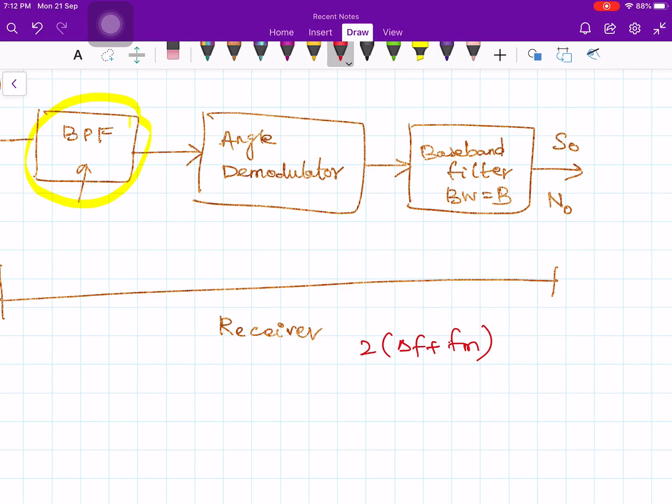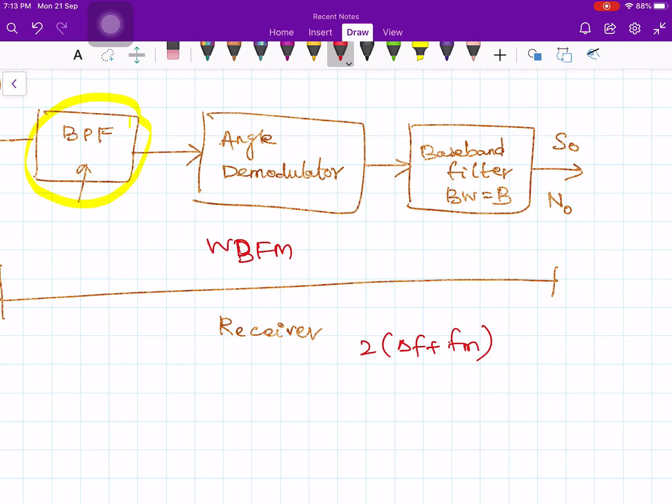So your angle modulated signal has much wider bandwidth. Of course, we are considering wideband FM, so it has a much wider bandwidth. The FM receiver has a band pass filter, but if you want to ensure that your angle demodulator receives an undistorted angle modulated signal, it must ensure that most of the significant components of the modulated signal pass through.